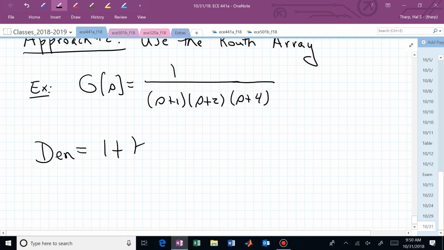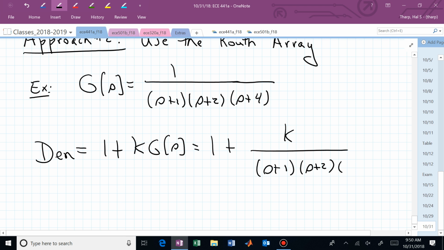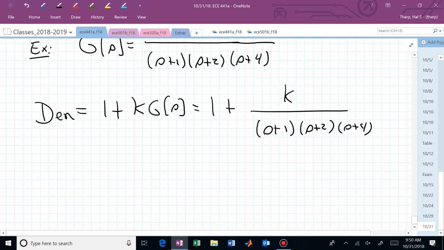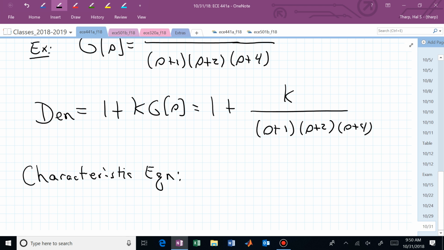That's 1 plus K G of s, which is 1 plus K over s plus 1, s plus 2, s plus 4. And what's the characteristic equation going to be? It's going to be the numerator of the denominator. If we put all of this over a common denominator, then it's what's in the numerator.